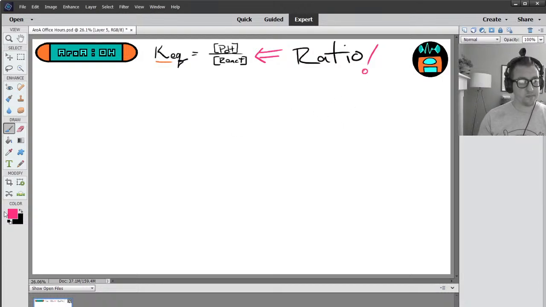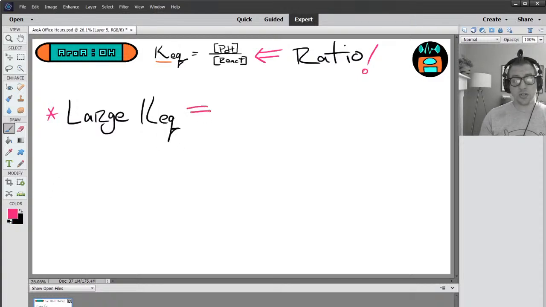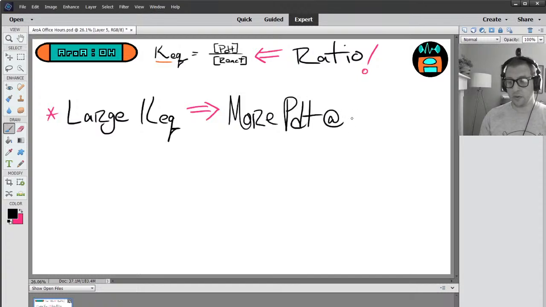All right, that is a ratio. So if you have a large equilibrium constant, if you have a large number, that means the numerator is bigger than the denominator. So that means that there are more products at equilibrium.